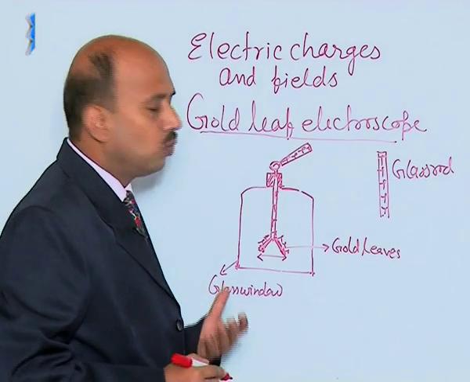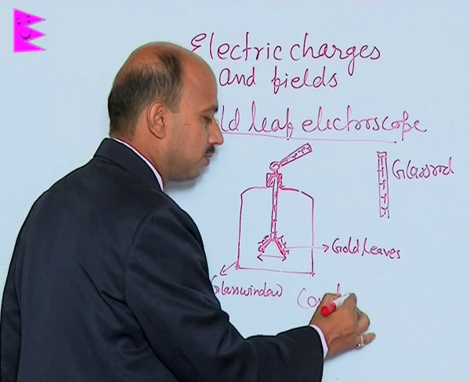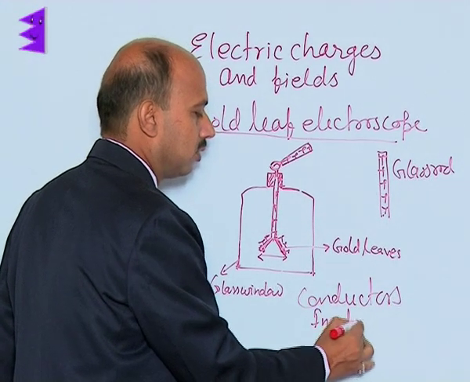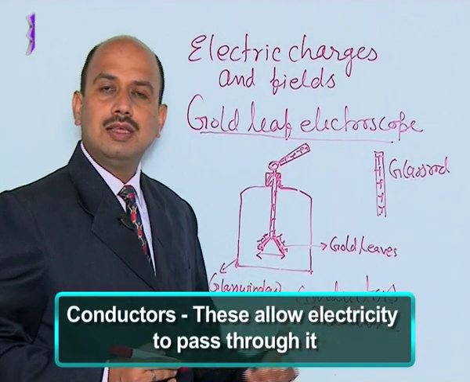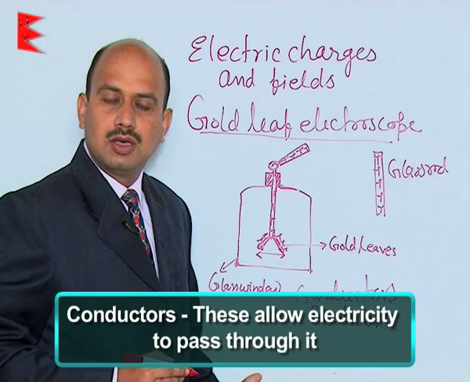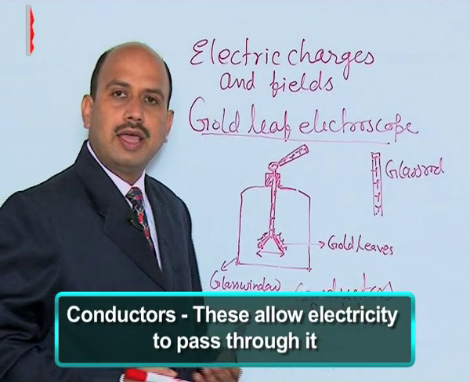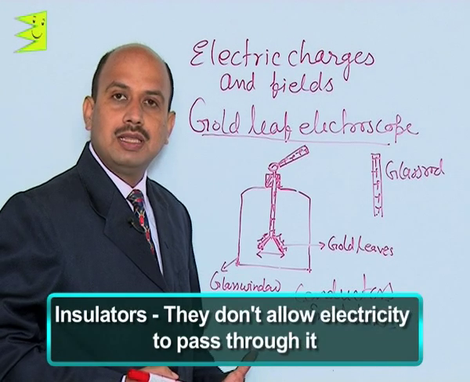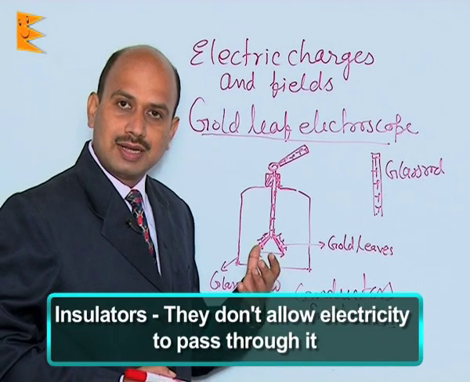Now, there are two types of materials we use. One we call conductors and the other insulators. Conductors are those materials which conduct electricity and allow the movement of charges, like metals. Insulators are those materials which do not allow the flow of charges and do not conduct electricity.